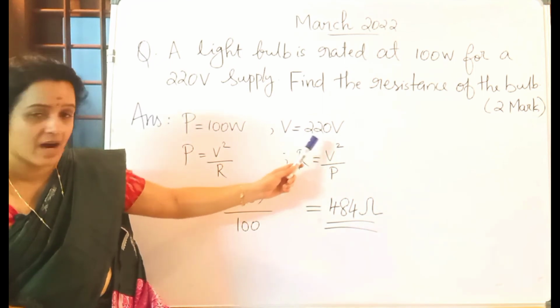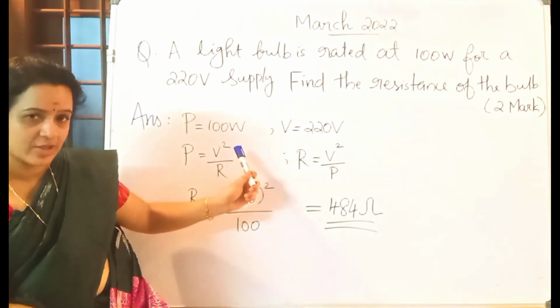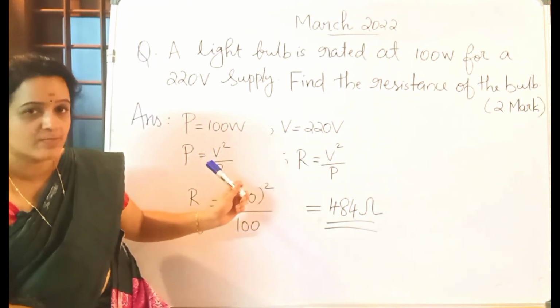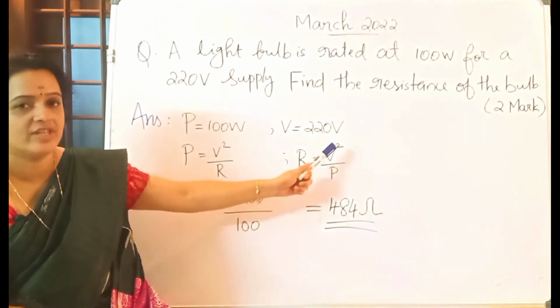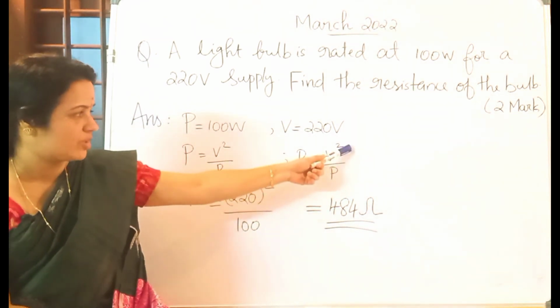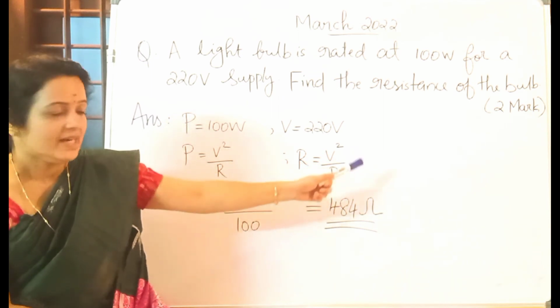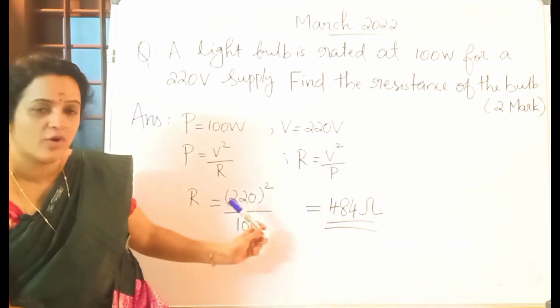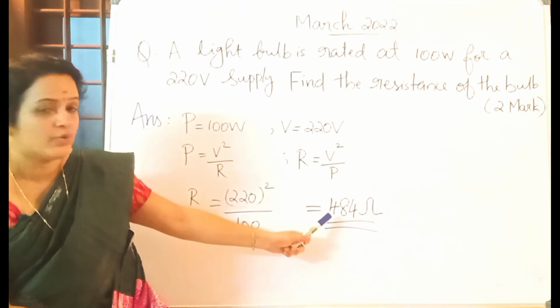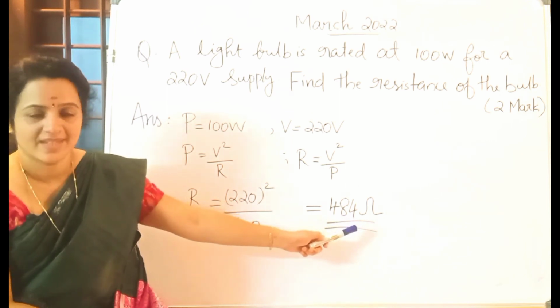So how can we find R? That is P is equal to V square by R. So when we are cross multiplying, we will get R as V square by P. When we substitute the values of P and V, directly we can find the value of resistance, that is 484 ohm. Is it clear?